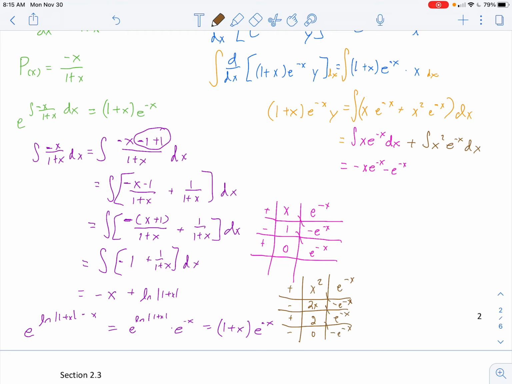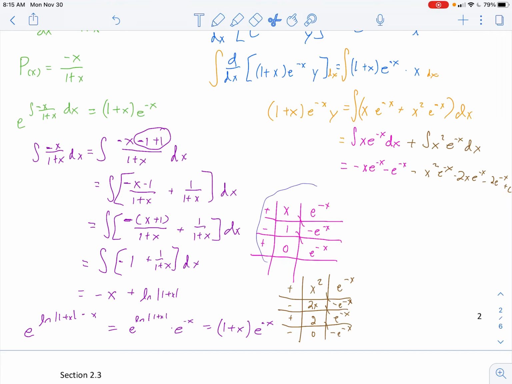And then we take the crosses of that. And so then we get, looks like, minus x squared e to the negative x minus 2x e to the negative x minus 2 e to the negative x plus c, because we finished that. All right, and so that does it for the integration method.